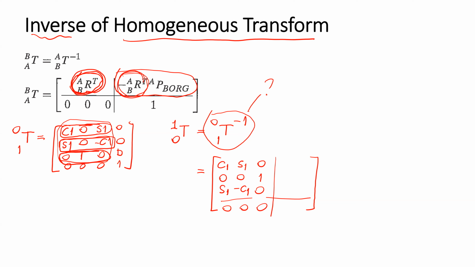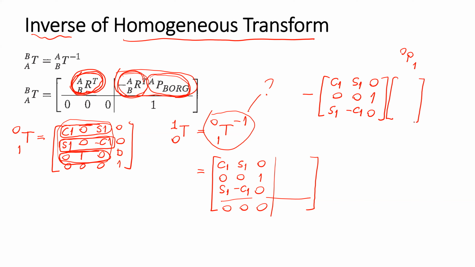So this one is minus of the transposed matrix, C1, S1, 0, 0, 0, 1, S1, minus C1 and 0, multiplied by the P, the origin with respect to A. What is this?